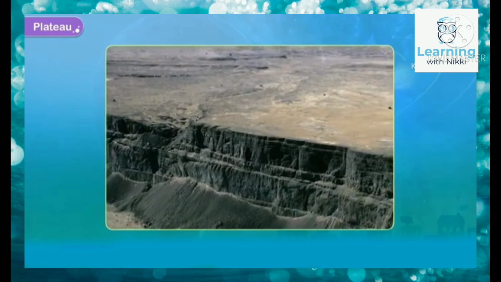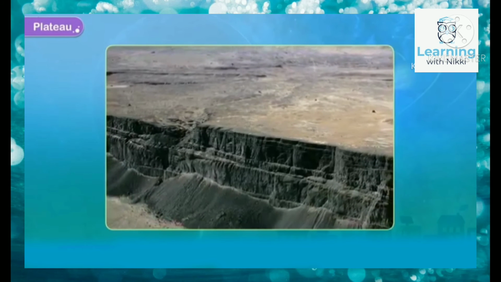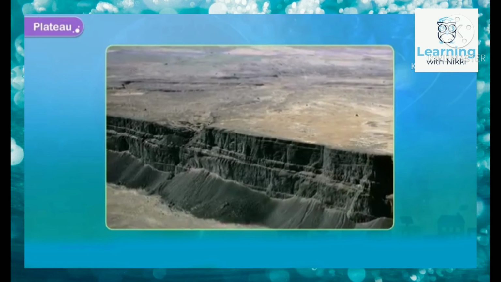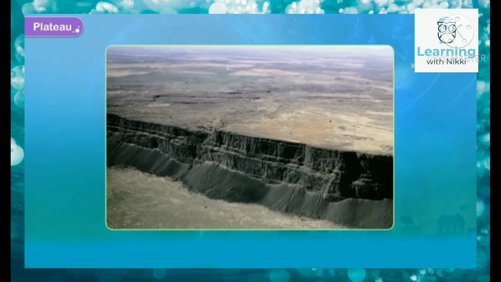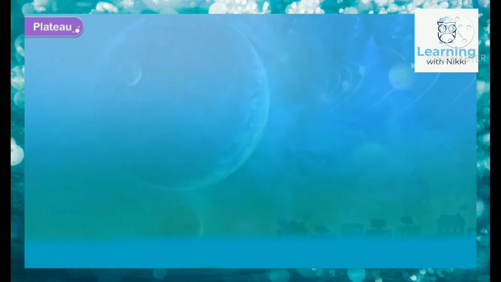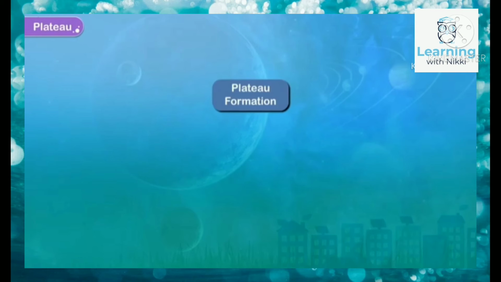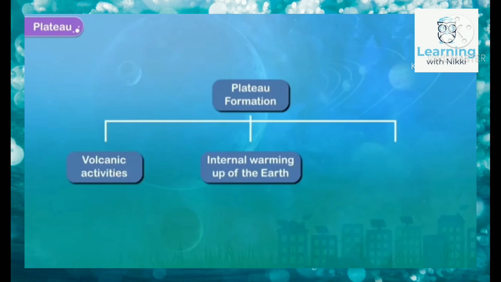A plateau is a flat, elevated landform that rises sharply above the surrounding area on at least one side. Plateaus are formed by different geological activities such as volcanic activities, internal warming up of the earth, and erosion.